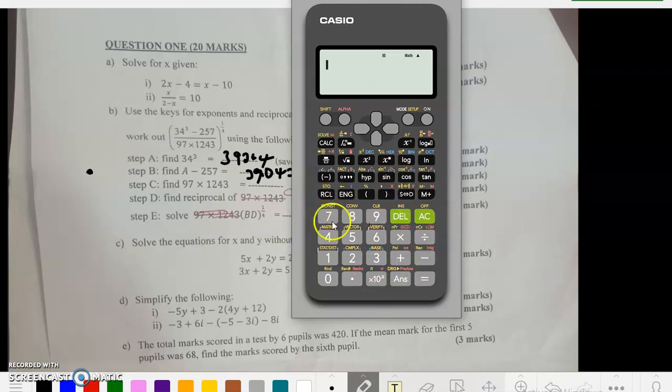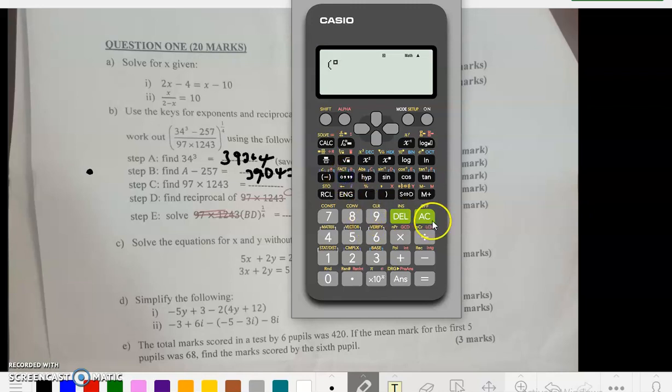Remember the option of C, let us recall C first. We recall C, and we need to save this as D. So shift, store, D. Now it is saved as D, such that we can solve the next question, which says we need to multiply BD and raise it to 1/4.